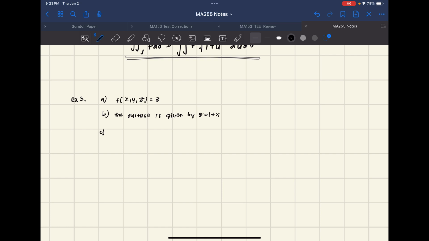And for C, we're also given that x runs from 0 to 1, and y runs from 0 to 2.